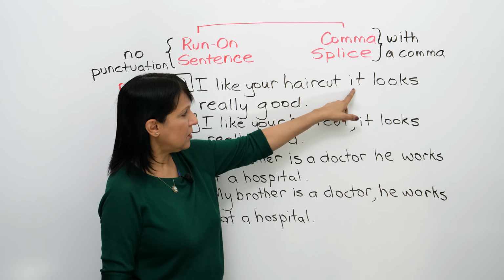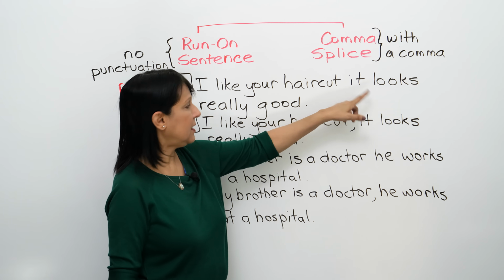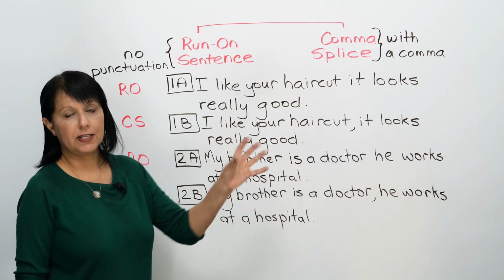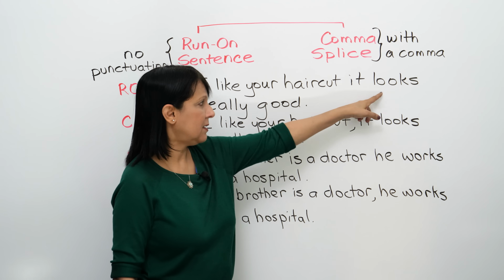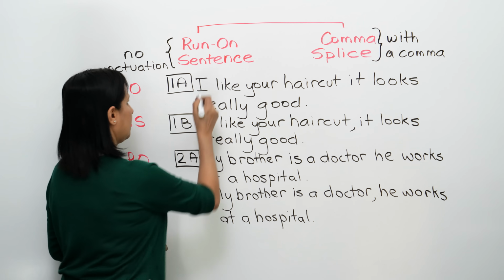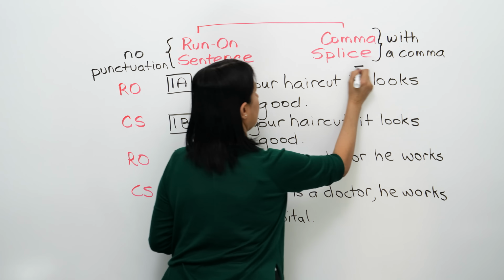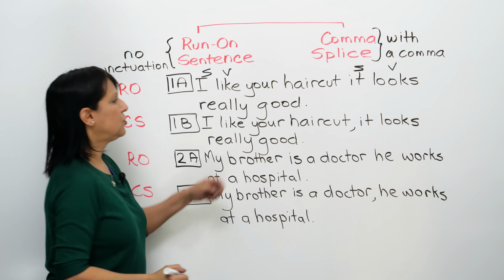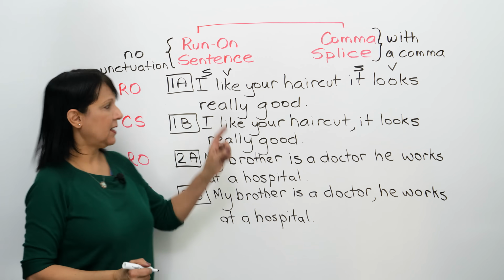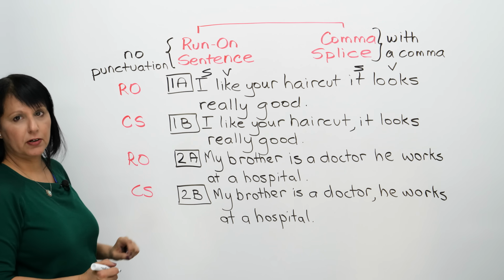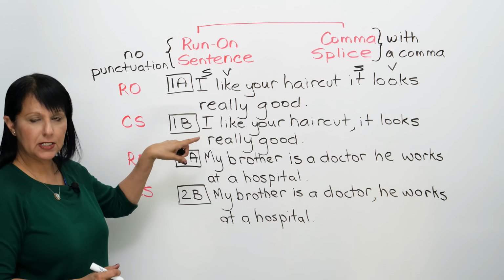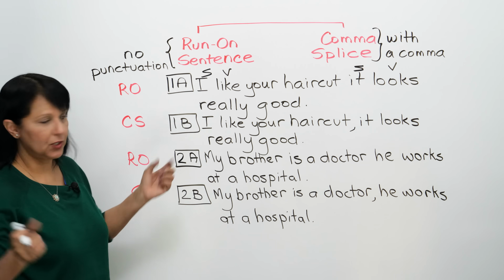But the writer wrote right after that, it looks really good. So that's another sentence with a subject and a verb, right? We have it here. All right, so this is incorrect. And this is an example of a run-on sentence because it's two sentences with no punctuation.